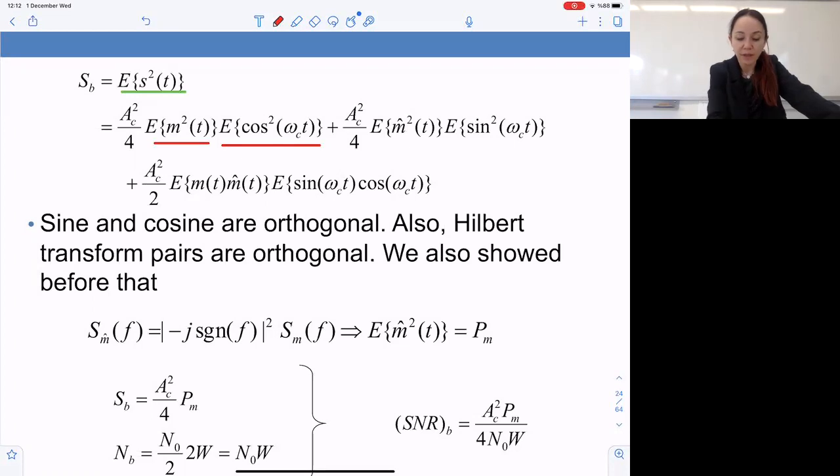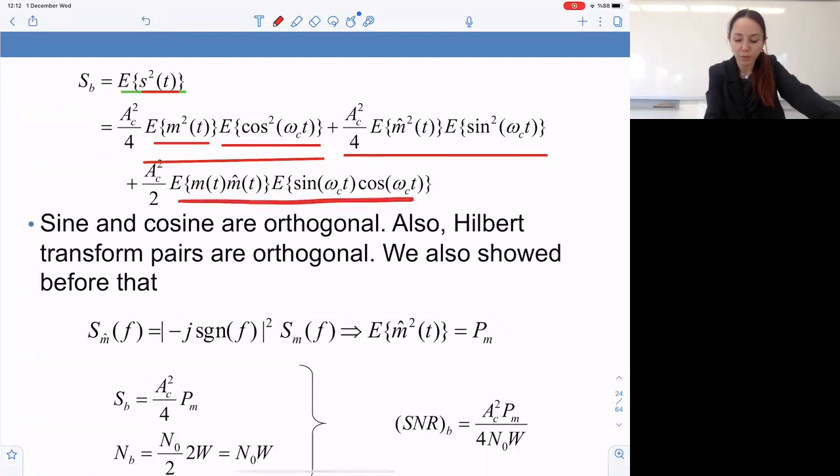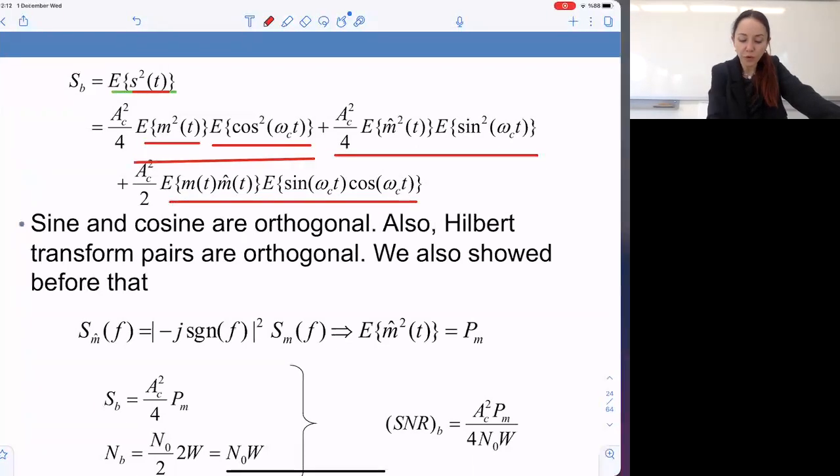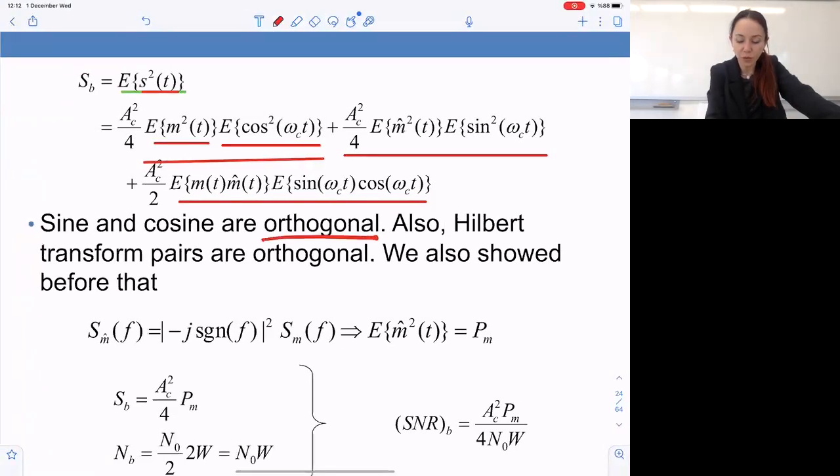So inside this s squared, we have two additive terms, and the two terms are expanded here. And there is a cross term, right? So the orthogonality of sine and cosine is going to come into the picture to eliminate the cross term.